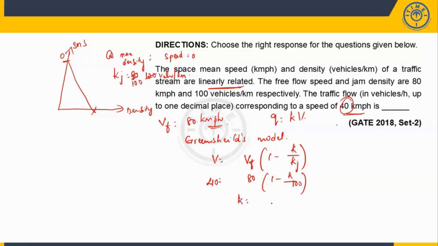K is how much from this? 50 vehicles per kilometer.